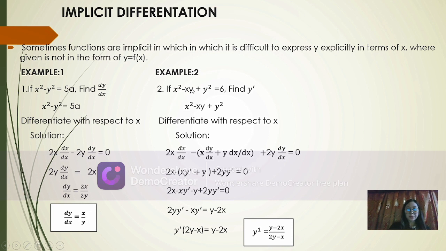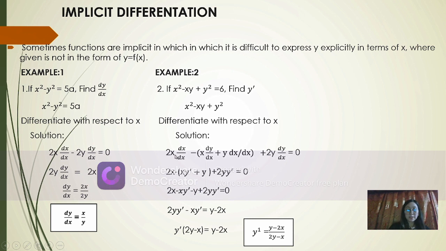So, example number 2. Ito yung given ng number 2. If x squared minus xy plus y squared is equal to 6, find y prime. So, x squared minus xy plus y squared. So, differentiate with respect to x.